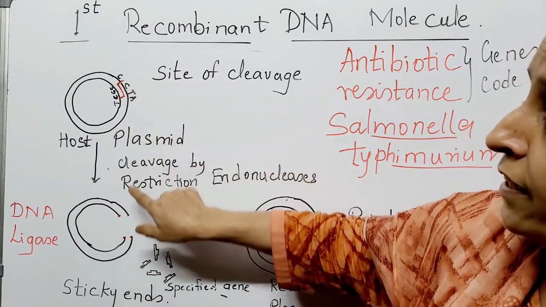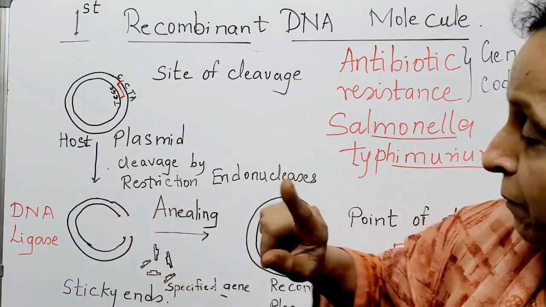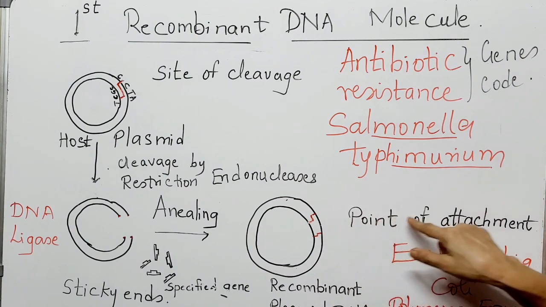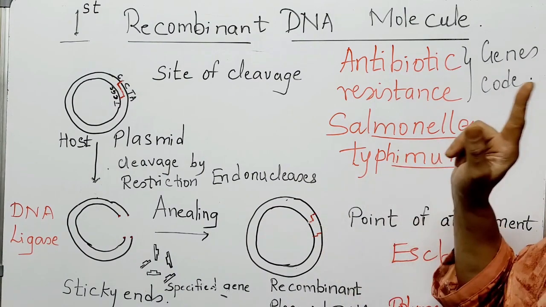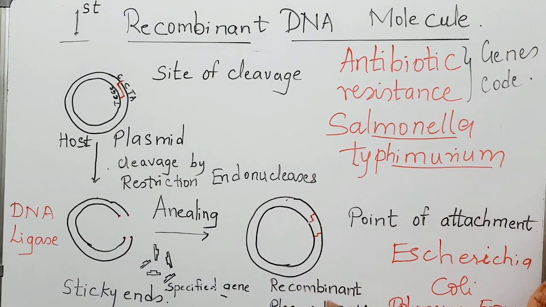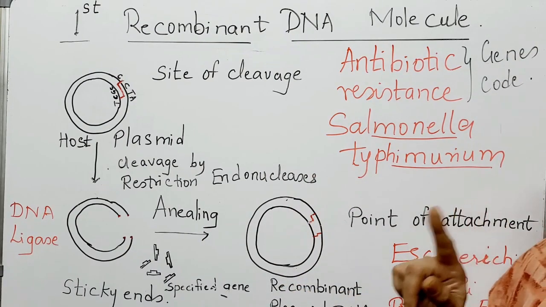So these sticky ends will fix here, and it will become a structure like this. This is the point of attachment. So this is a new plasmid, which is a recombinant plasmid DNA.